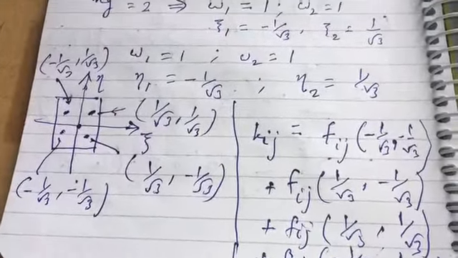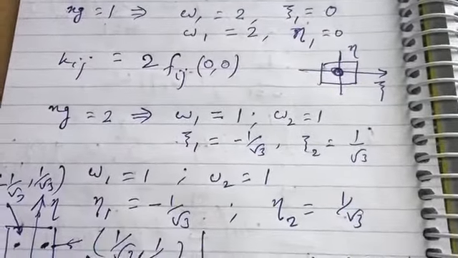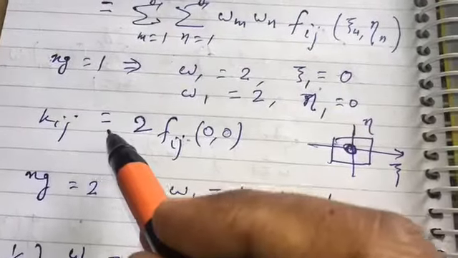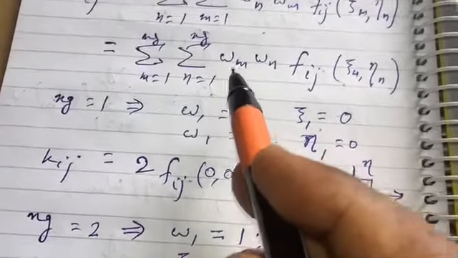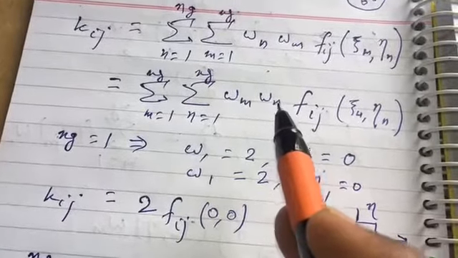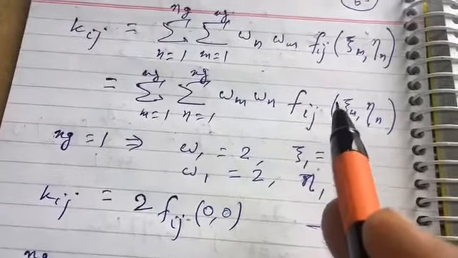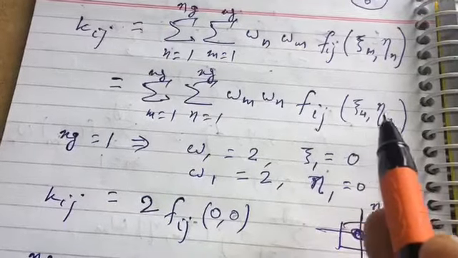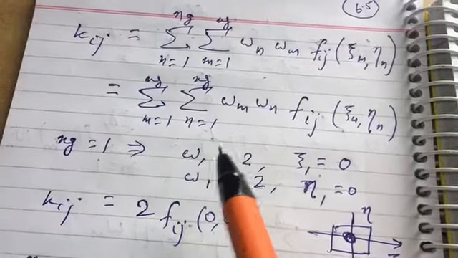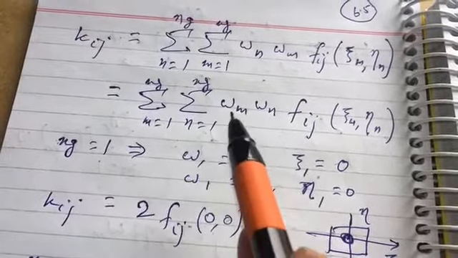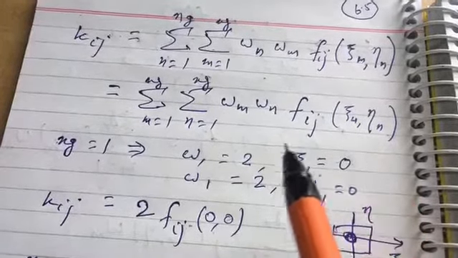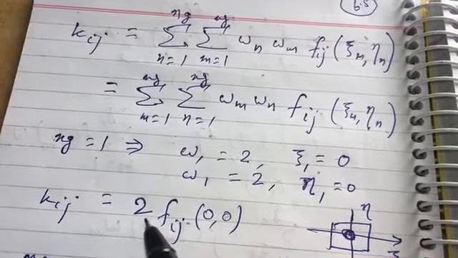Before we move on, we want to make a correction here. Kij should be W1 times W1 times Fij at xi 1, eta 1, where W1 is equal to 2. So we should have 2 times 2 and then Fij evaluated at 0, 0, but I wrote just 2.